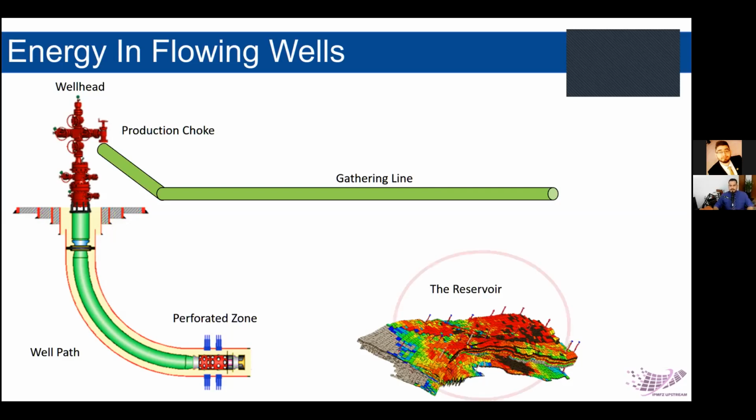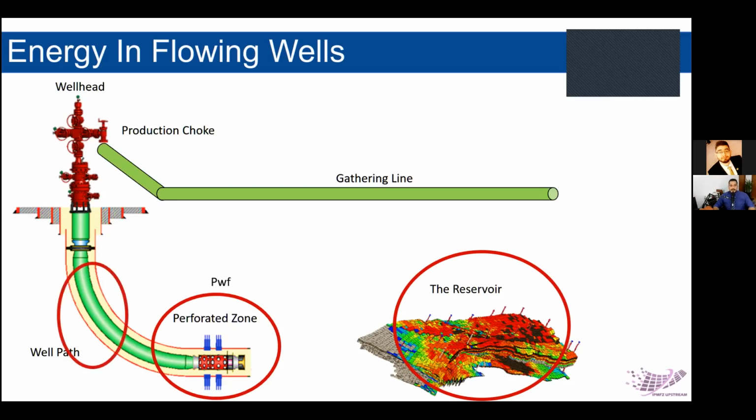So the production starts from the reservoir, and the fluid travels to the perforated zone. Okay, and there is a pressure drop here, which we will call the flowing bottom hole pressure, denoted as PWF by SPE. And we have another pressure drop along the path of the well.